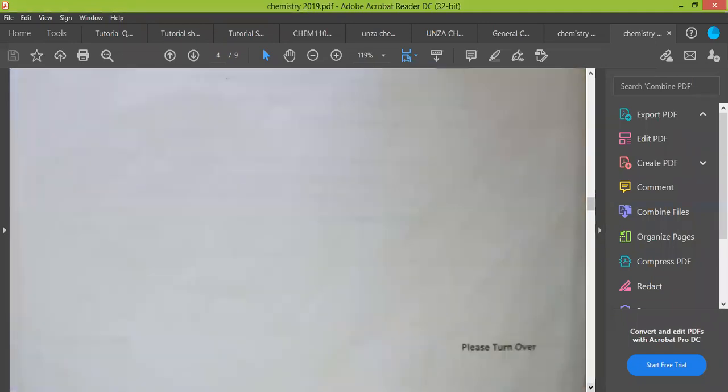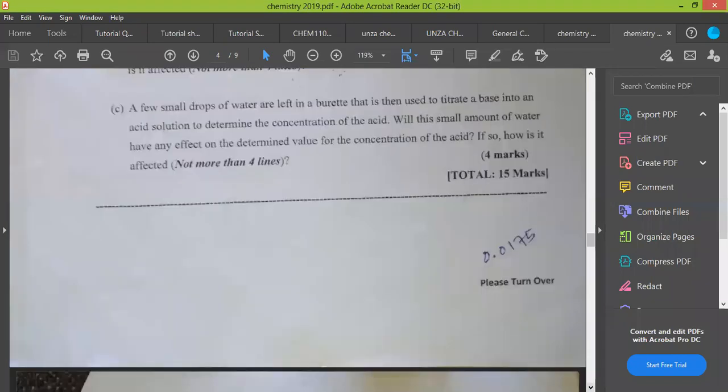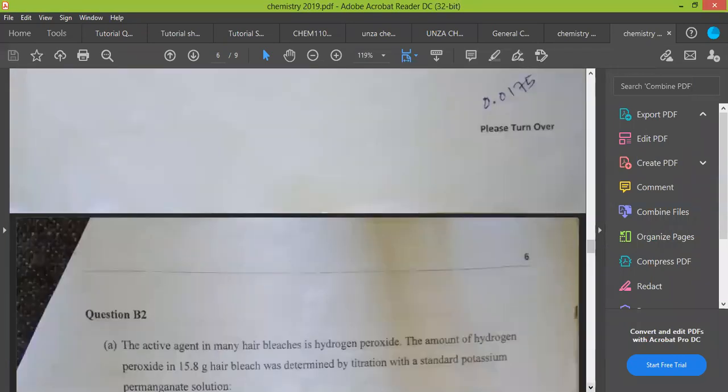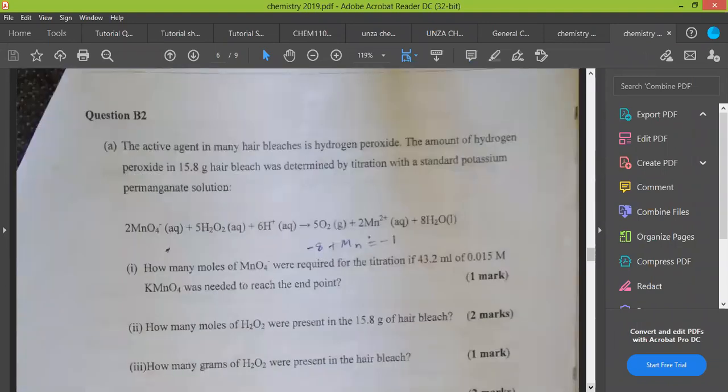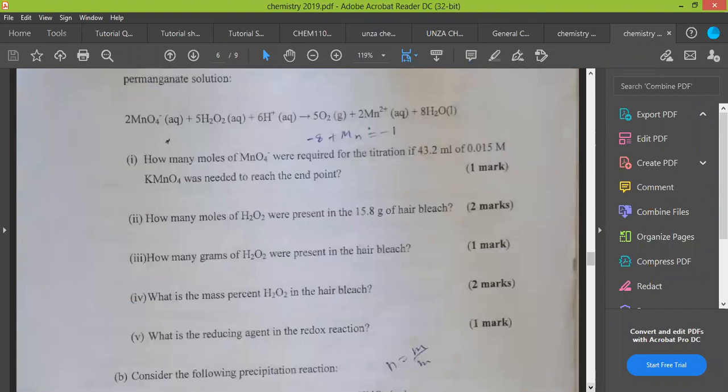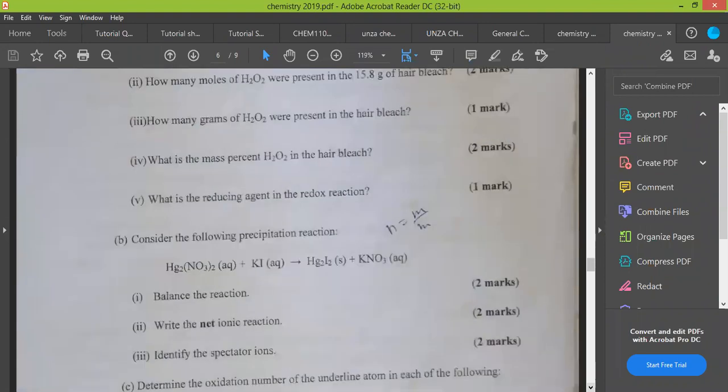Section B, not B1, but we can look at B2. Okay, so B2B.